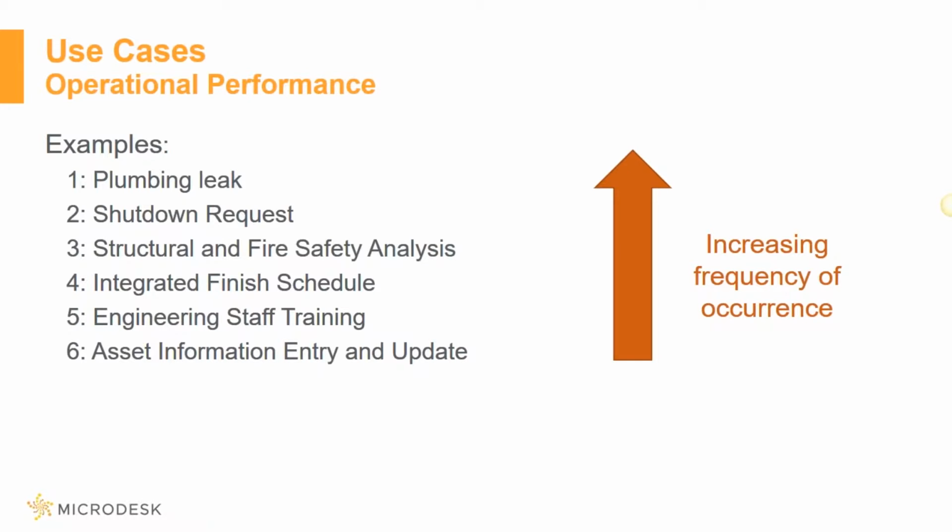The first one was a plumbing leak, again a fairly typical and unfortunately frequent occurrence within an organization. The next one is a shutdown request, which is very typical in a hospital, a time-consuming and lengthy process that needs a lot of information available for it.